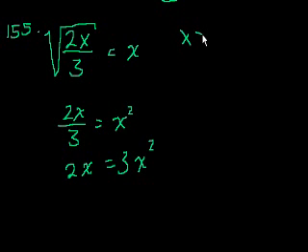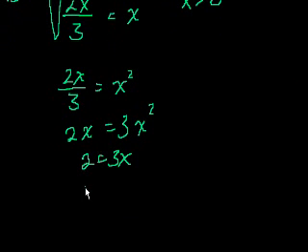They tell us that x is greater than 0. So let's divide both sides of this equation by x. We can do that because we know that x cannot equal 0. And you get 2 is equal to 3x. And then divide both sides by 3. You get x is equal to 2/3.